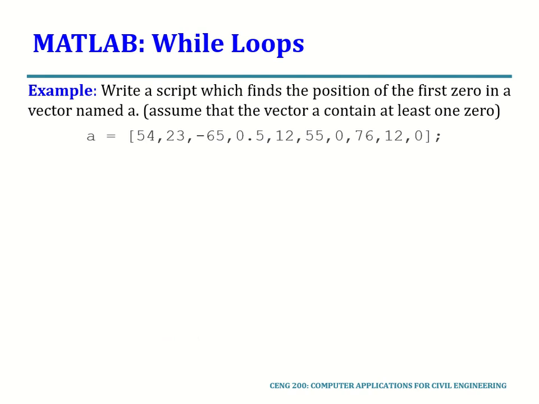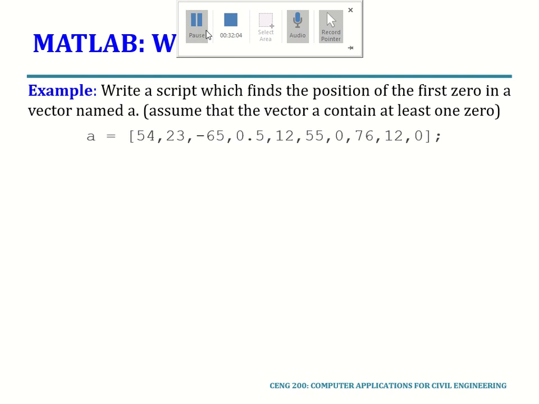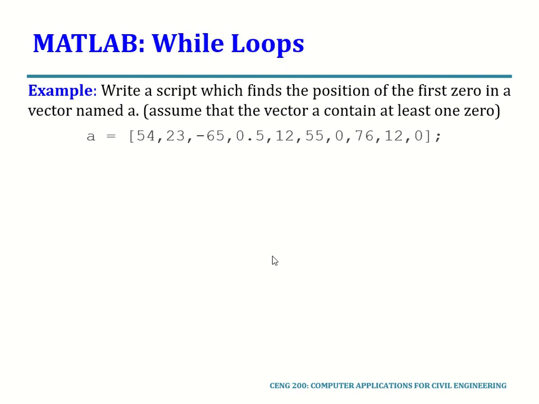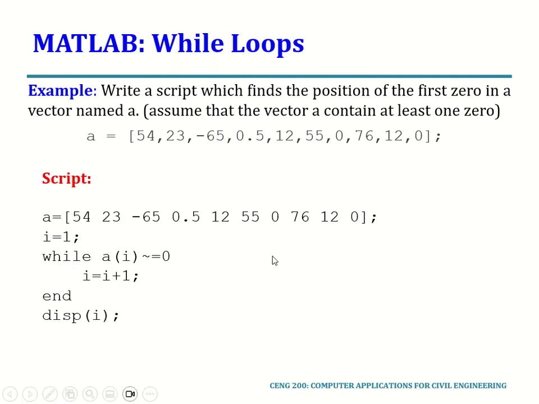Okay, write a script which finds the position of the first 0 in a vector named a. Okay, so first of all we will insert the value of a, which you can see over here. So they are doing it the other way around. Okay, so the loop will keep on running until while is not equal to 0.